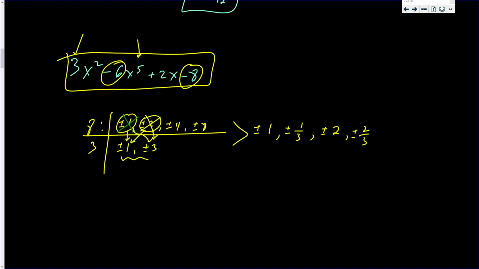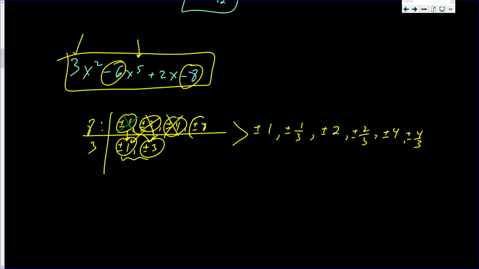Now I go on to 4. I divide 4 by plus minus 1. Well, 4 over 1 is 4. So we get plus minus 4. Then I divide the 4 by the 3. 4/3, plus minus. I divided the plus minus 4 by the 4 possible denominators.